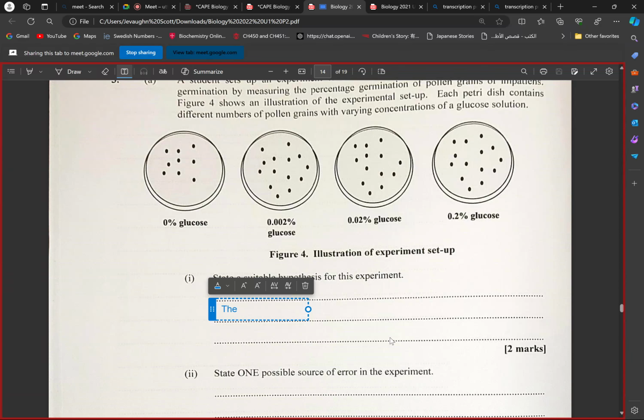Okay, the percentage germination increases with glucose concentration. Not percentage glucose, with glucose concentration. So what we're supposed to do is just interpret the question and write down a suitable hypothesis.